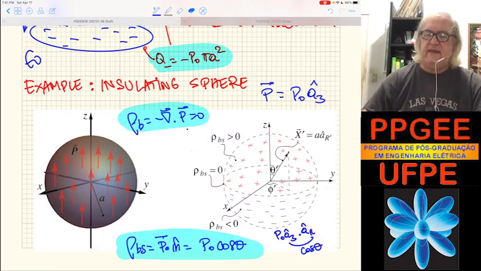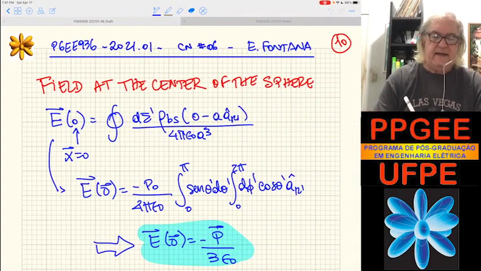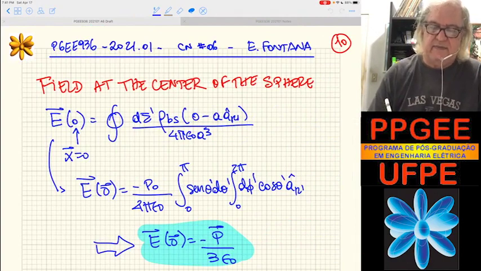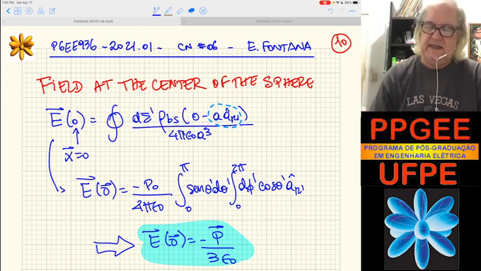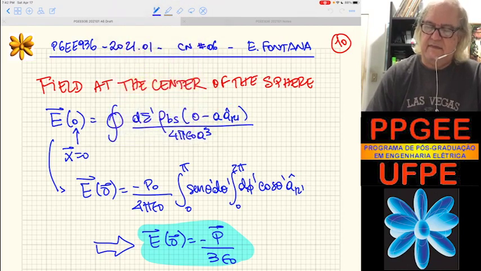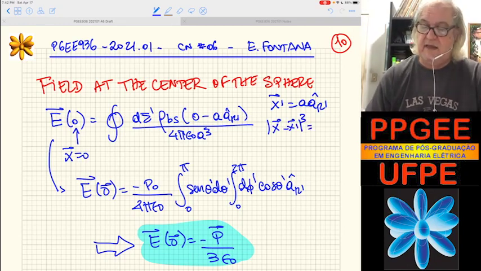So we can calculate the field at the center of the sphere simply by using the integral expression for the E field. So it's going to be that dq times x, which is the origin, minus x prime, which is the vector that scans the surface, is a a_r prime, okay? And x minus x prime cubed, which is the denominator, is going to be a cubed.